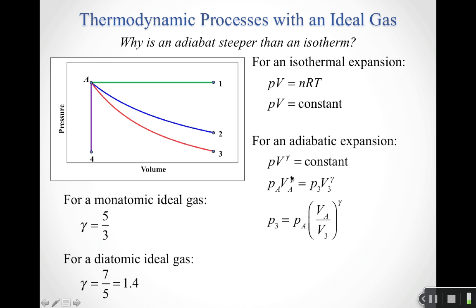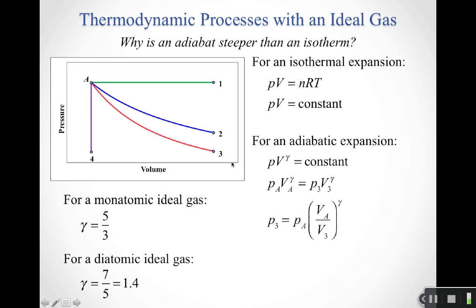So when you think about what's going on, if I know that PV to the gamma has to be constant along my adiabat, then at point A, which is on the adiabat, the pressure at A times the volume at A to the gamma has got to be equal to, since point 3 is also along the adiabat, the pressure at 3 times the volume at 3 to the gamma.